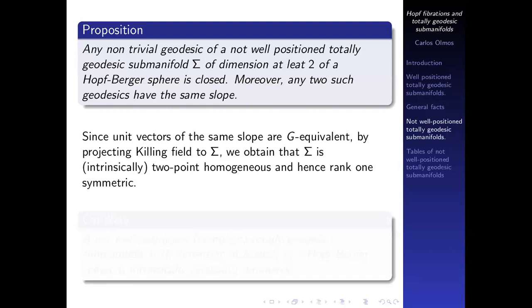From that, it is not difficult to proceed. Since the isotropy acts transitively on vectors of the same slope, projecting Killing fields to the totally geodesic submanifold, it's not hard to prove that intrinsically sigma is 2-point homogeneous, and hence a rank 1 symmetric space.